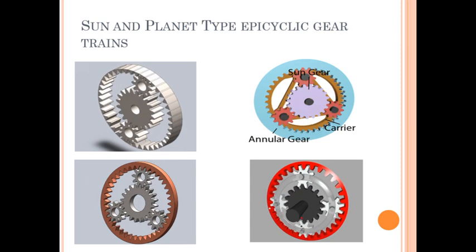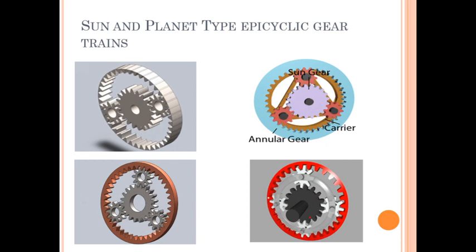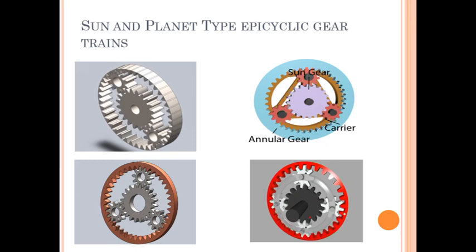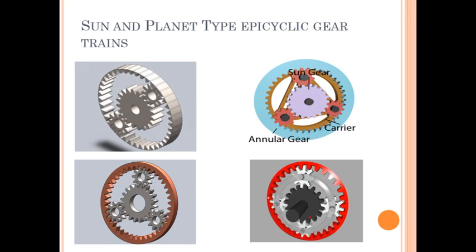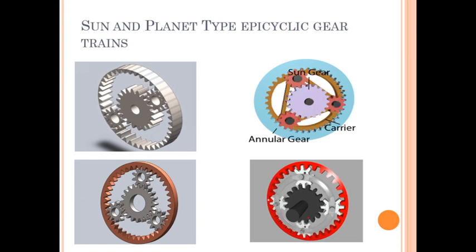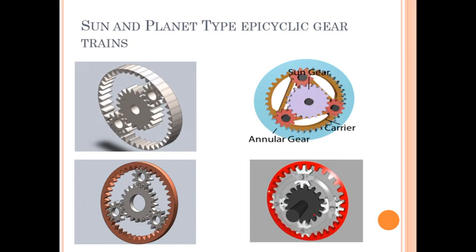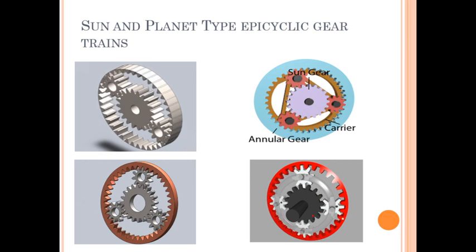Some examples of this sun and planet type of gear trains I have shown here. What is the geometry of that sun and planet type of gear train? I will show it by this second animation. In that, observe that whatever central gear is there in all animations is called the sun gear.